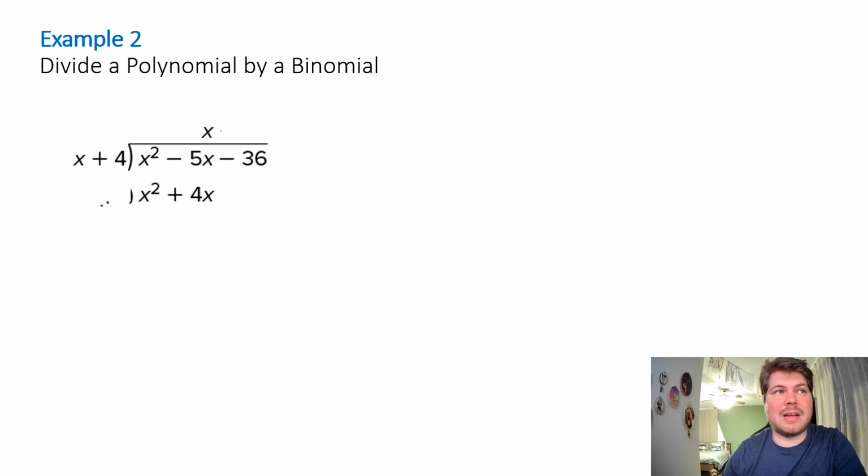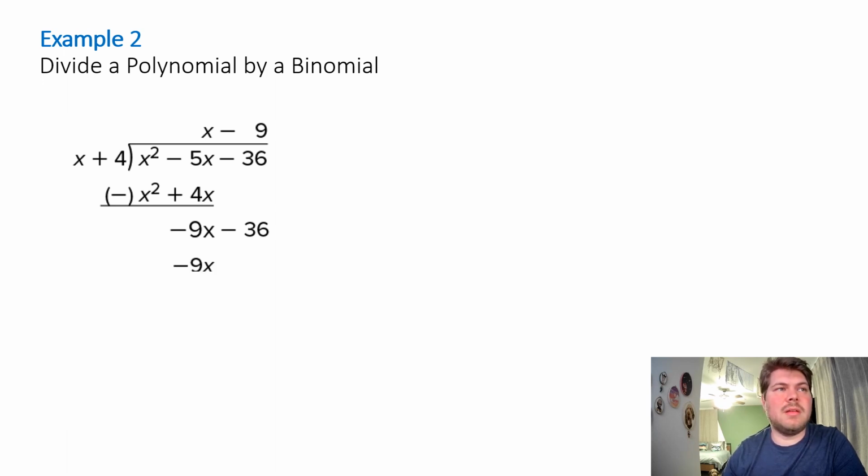We're going to subtract that. Now, a negative minus a number makes it more negative. So this is going to become negative 9x. And then we're going to bring down the 36. Now, how many times does x go into negative 9x? Negative 9 amount of times.